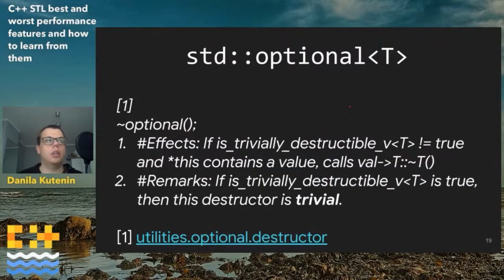And let's talk a bit about optional. In the destructor of optional, it is stated what happens depending on whether the type is trivially destructible. If it is not trivially destructible, then it should call the destructor of the type. But if it is trivially destructible, then the destructor should do nothing.